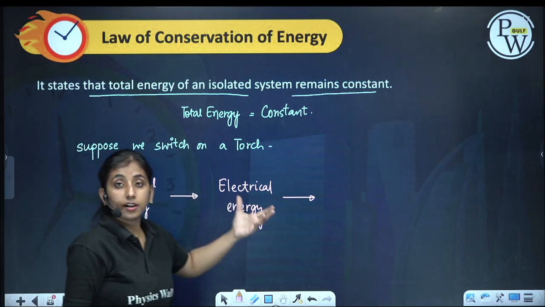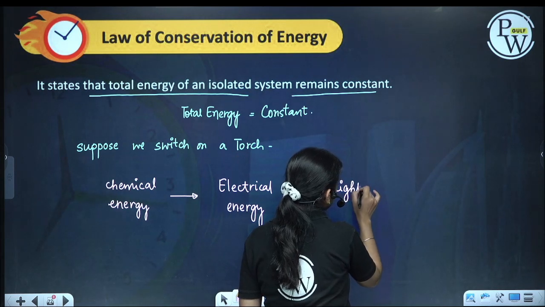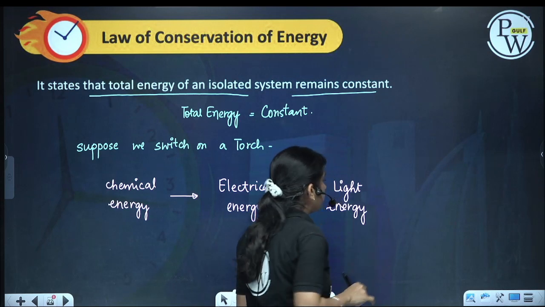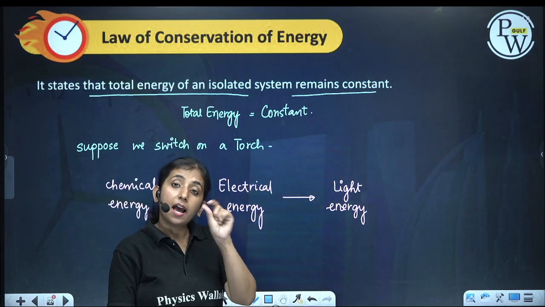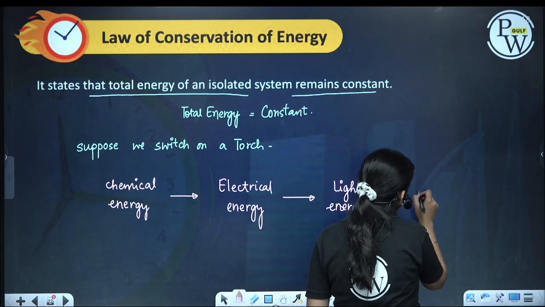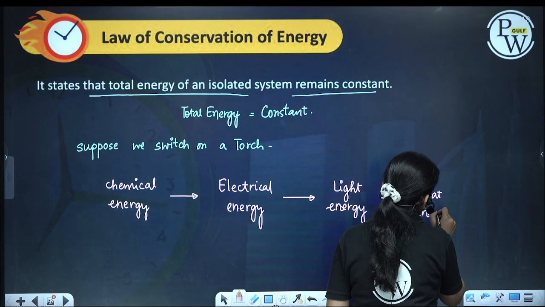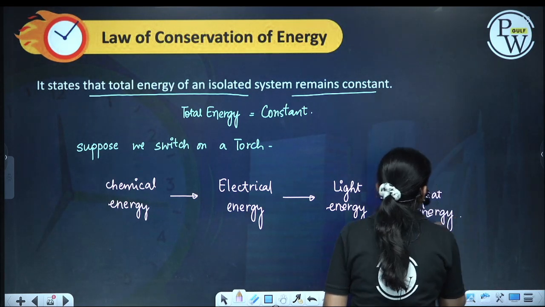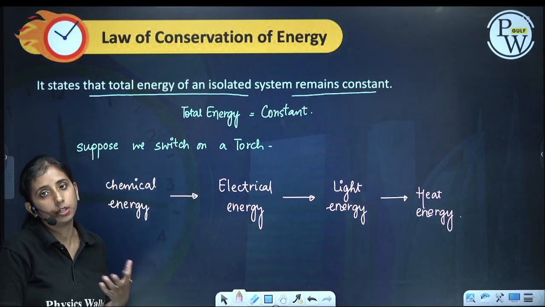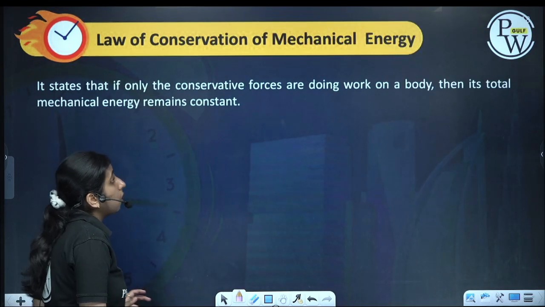Then this electrical energy is used to light the bulb of the torch, that is, it is converted into light energy. Now as the bulb glows, the bulb gets heated up, so this is further converted into heat energy. There are many similar processes where we can see this conversion of energy from one form to another. This is the law of conservation of energy.